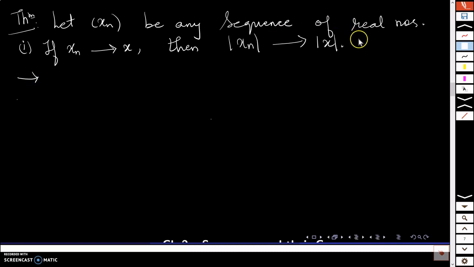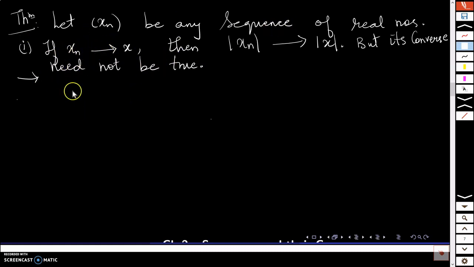And its converse need not be true. What do we mean by that? If mod xn converges to mod x, then I cannot say that xn converges to x. It only works one way, it's a one-sided implication.